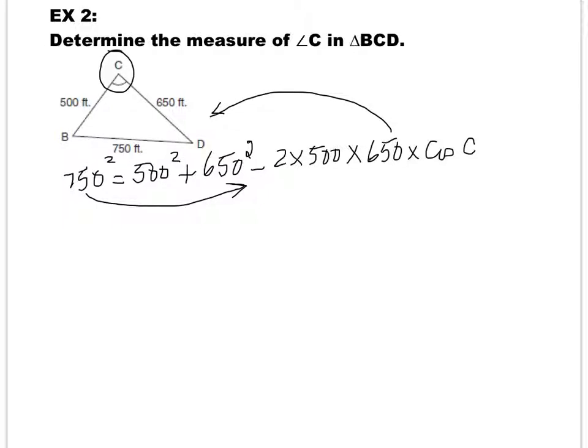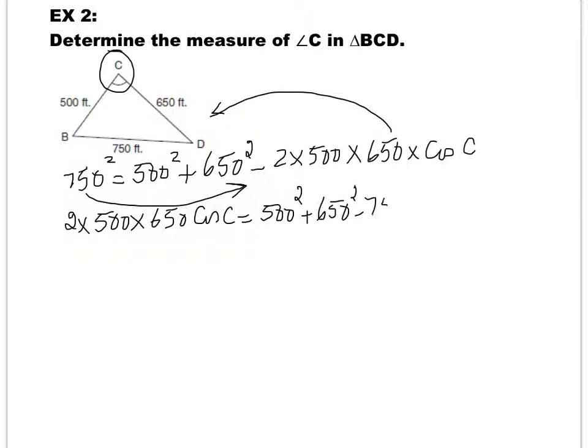So I'm going to get 2 times 500 times 650 cos C is equal to 500 squared plus 650 squared minus 750 squared.